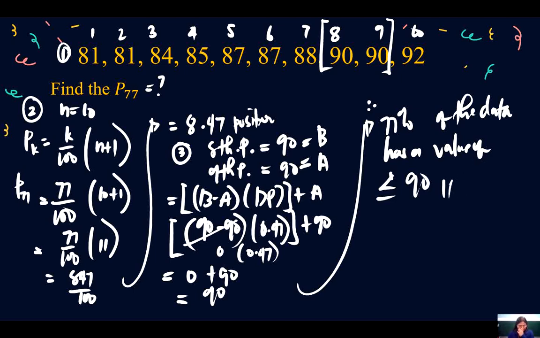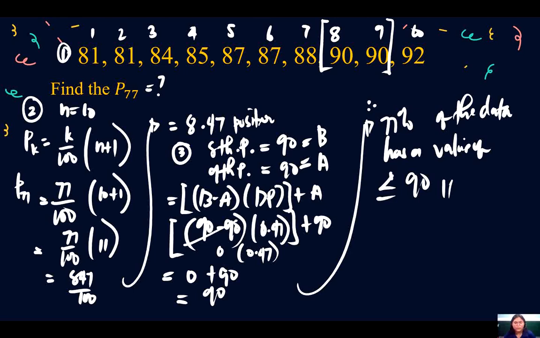Okay? Okay, so that's the end of our lesson. So meaning, kung 77%, so we have 23% of the population which are greater than 90 yung kanilang value. Okay? So please remember those steps.